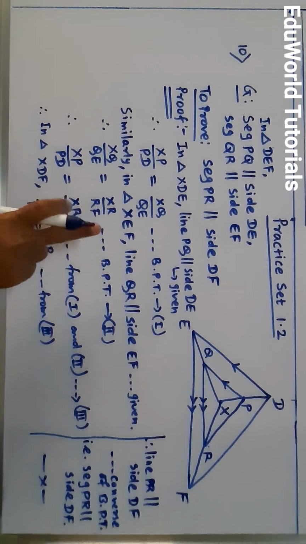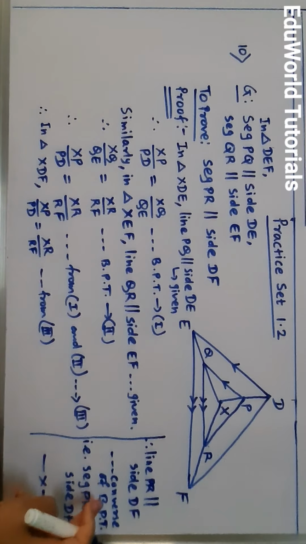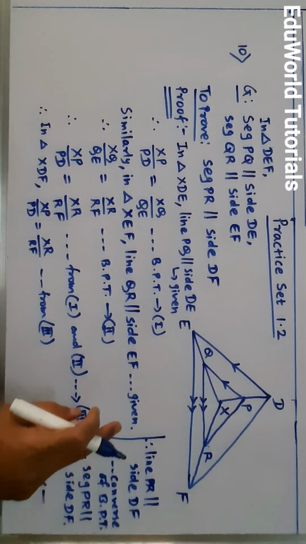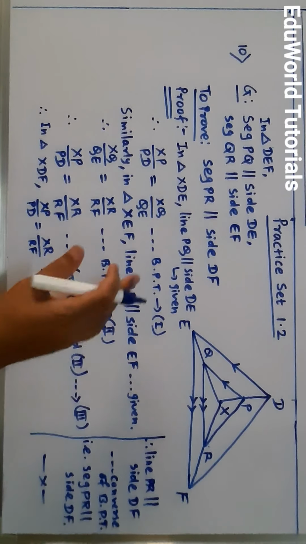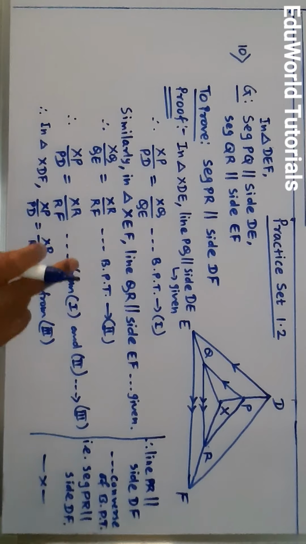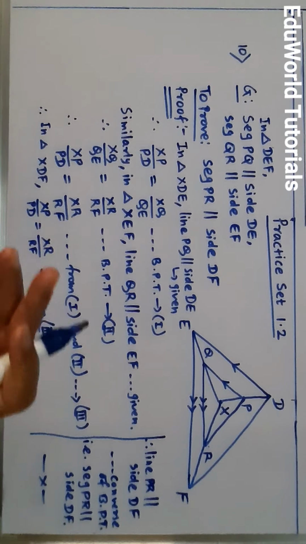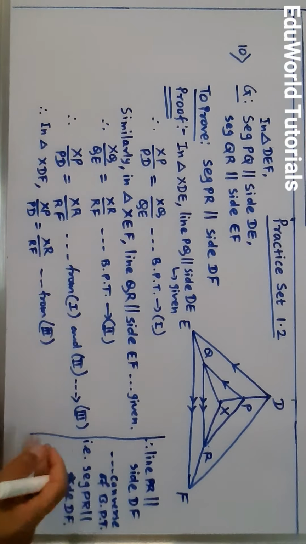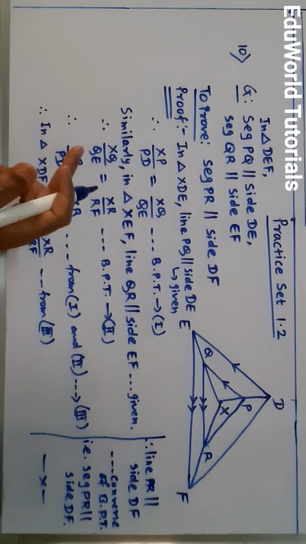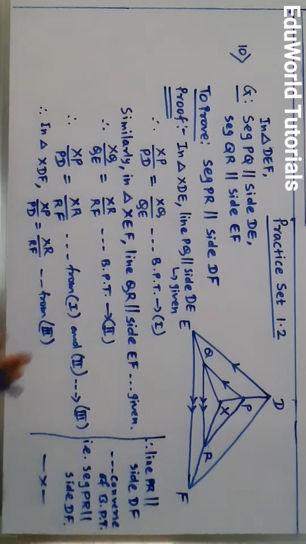We have used both the theorems, BPT as well as converse of BPT, to do this sum. It's a very simple sum. You have to fill the blanks in the textbook, so you can fill the blanks seeing this proof or by yourself, or you can do this sum as a separate sum. Now we shall move to the next sum, that is sum number 11.